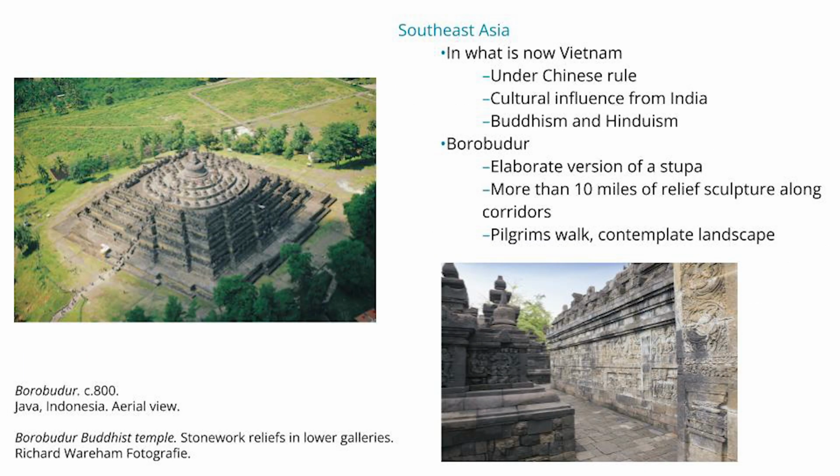Now, let's move on from India to Southeast Asia. What we're talking about is what is now called Vietnam, but at the time it was under Chinese rule. It had the cultural influence from India, and both religious paths of Buddhism and Hinduism were present. And this architectural site that we're looking at is called Borobudur, and this is an elaborate version of a stupa.